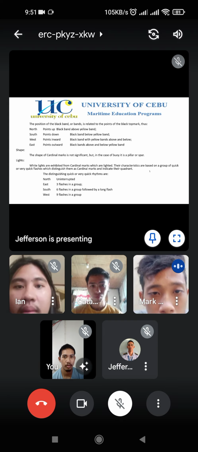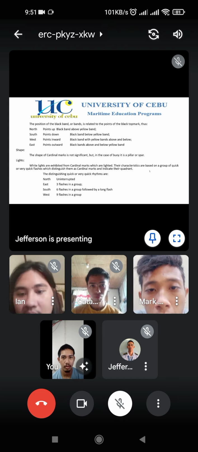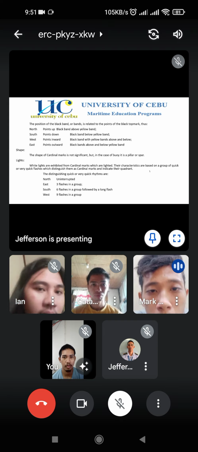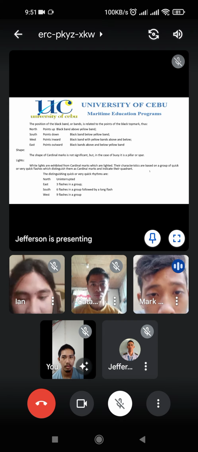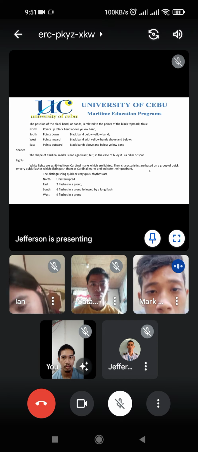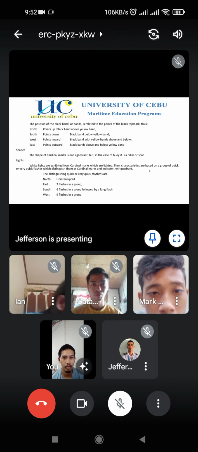In the west, the cones point inward, and the color is black band with yellow bands above and below. In the east, the cones point outward, and the color is black band above and yellow band below. The shape of a cardinal mark is not significant, but in the case of a buoy, it is a pillar or spar.